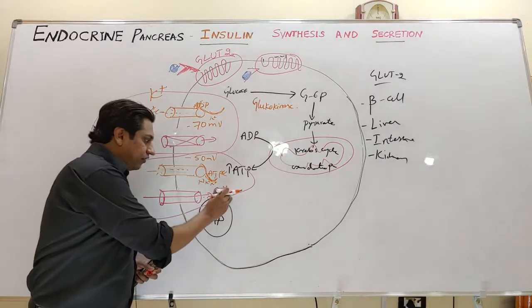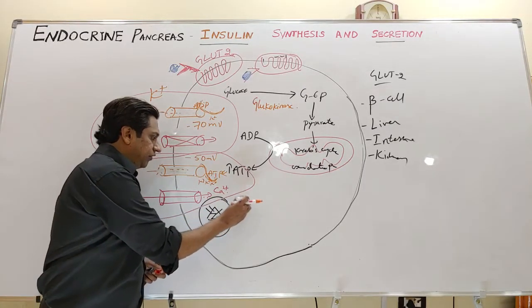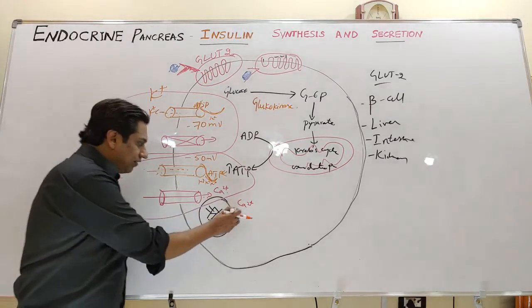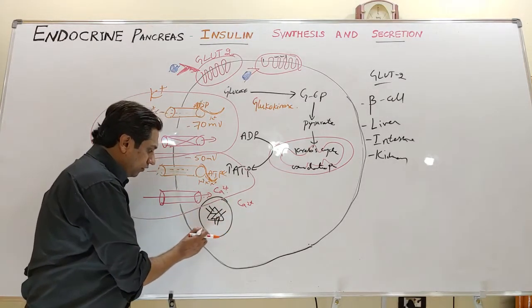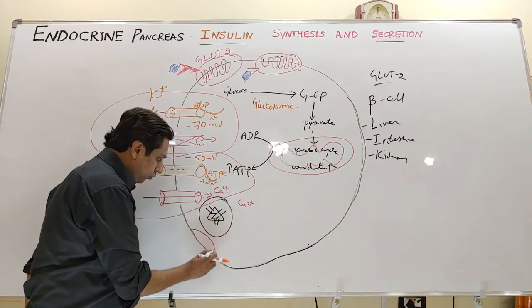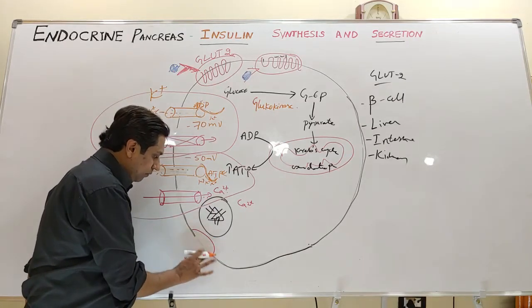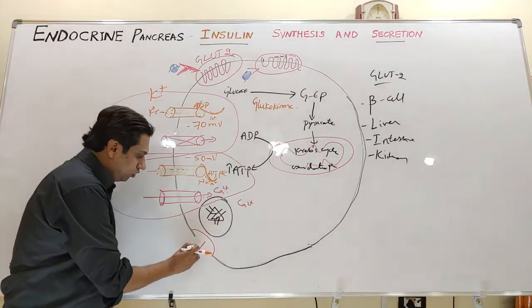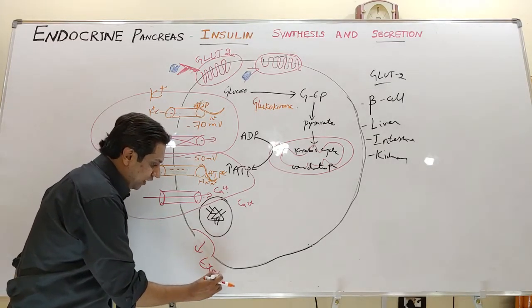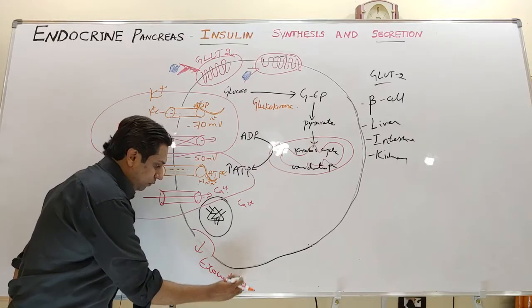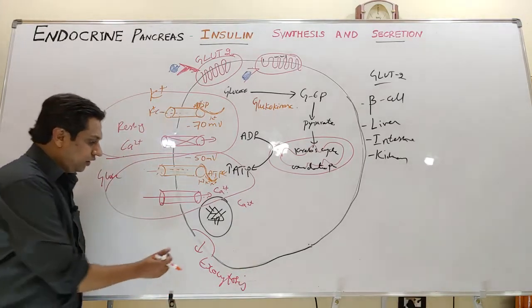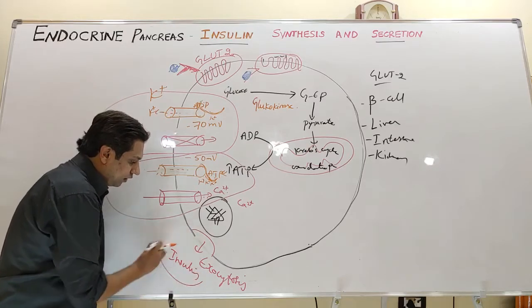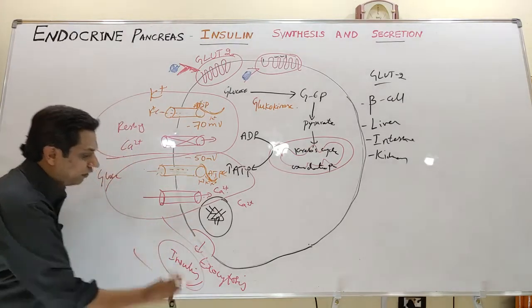So once the calcium enters here because of the voltage change, this calcium will cause these vesicles to fuse with the cell membrane, and due to the process of exocytosis, the insulin molecule is released out into the blood circulation.